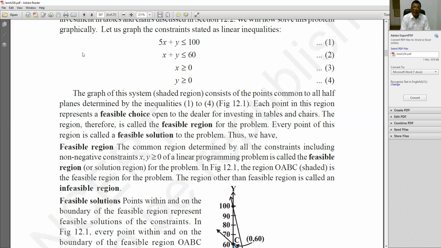You can say no, it is not possible, because this is not within your feasible choice.